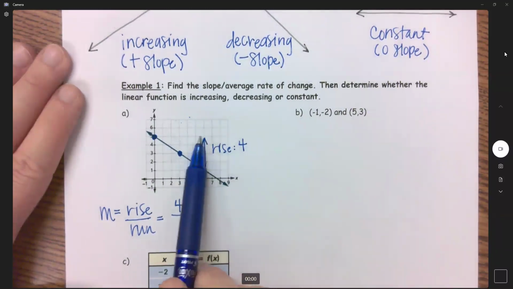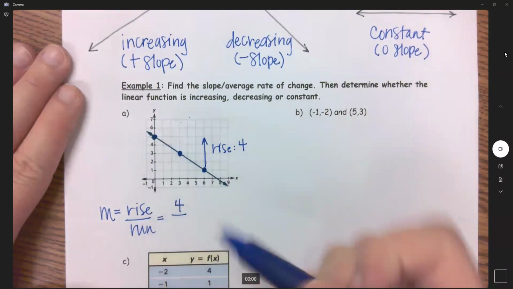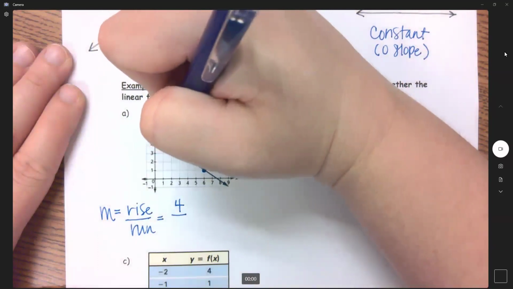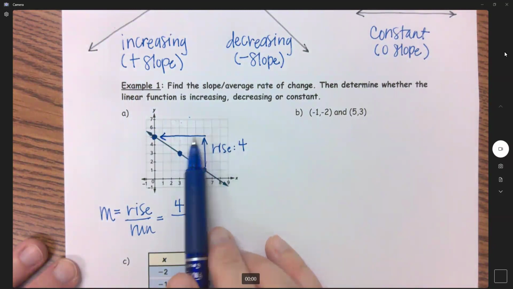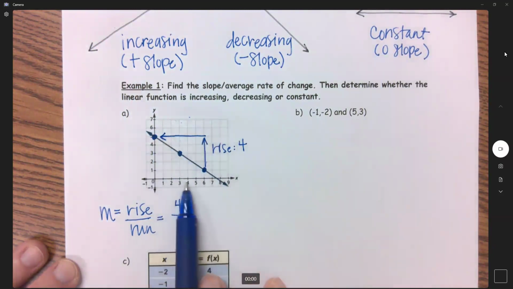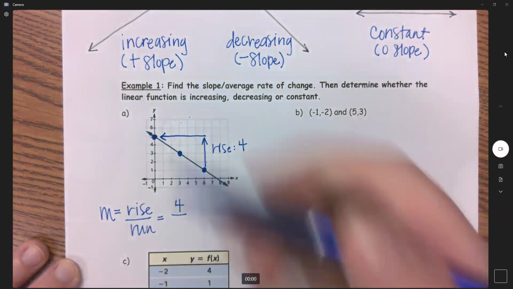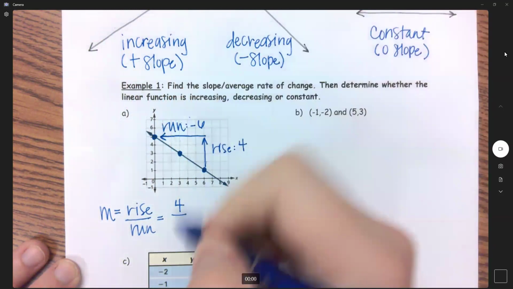Then making that kind of triangle here from this spot here, how many units are we running? And we are going 1, 2, 3, 4, 5, 6. And because we are running to the left towards all of these negative numbers, my run is a -6.